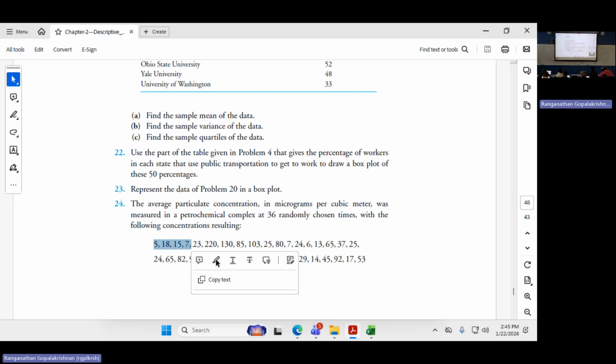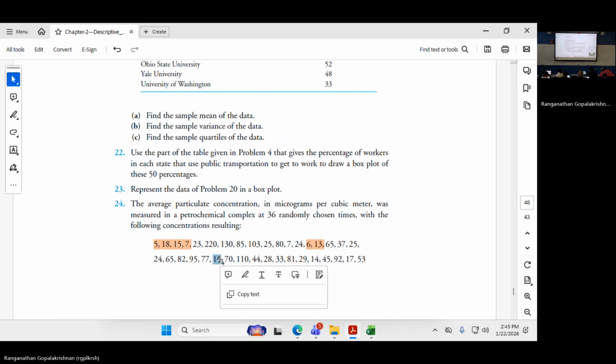So for the first bin, am I missing anything? That's 7. Thank you. 7.